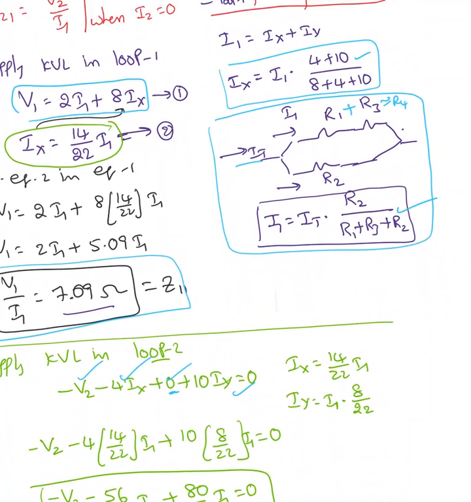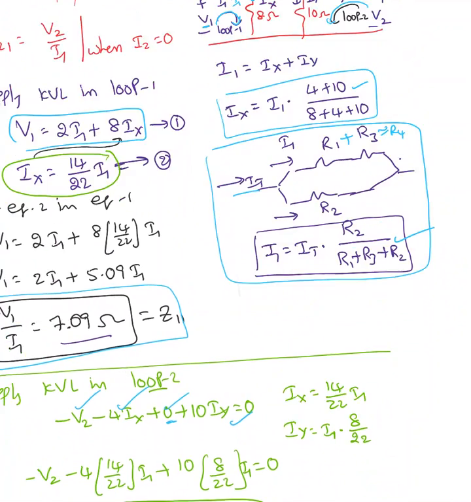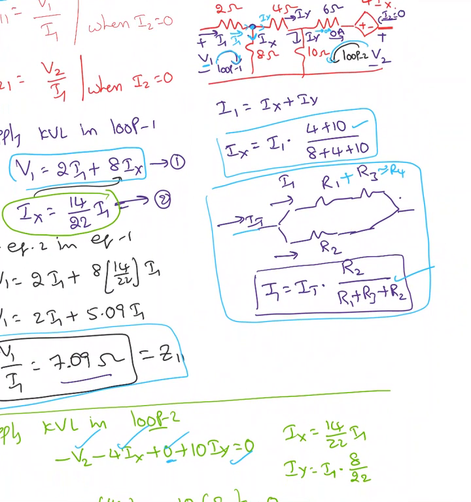Now I'm going to use the same current division rule to find Ix and Iy. If you look at that circuit, let me redraw it. Here I'm taking I2 equal to 0. So Ix, I already have, is 14 over 22 times I1.